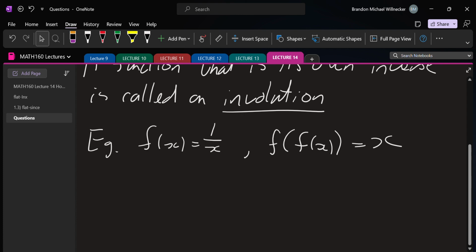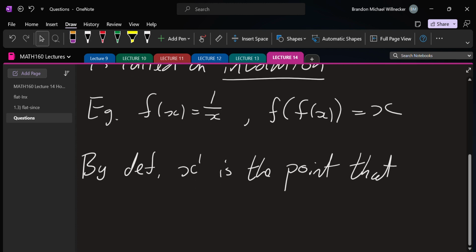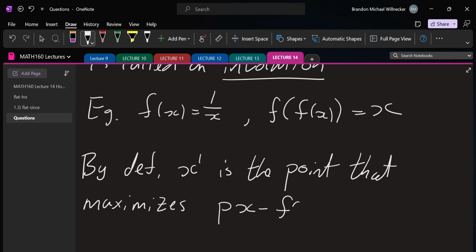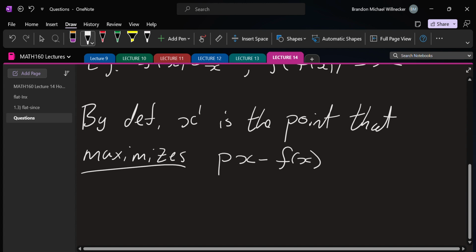For the proof, let's recall what we know from the definition. By definition, x prime is the point that maximizes px minus f of x. That was the definition of x prime from last time. What does it mean to maximize this difference?